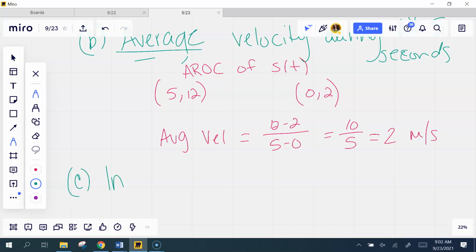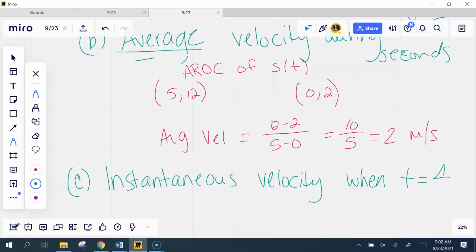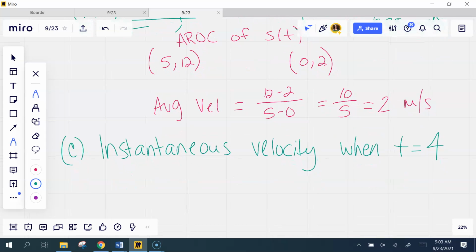Find the I-Rock of S at 4. So here, this is key, highlight this, whatever it is you need to do. The derivative of position gives me velocity because I'm talking about I-Rock.